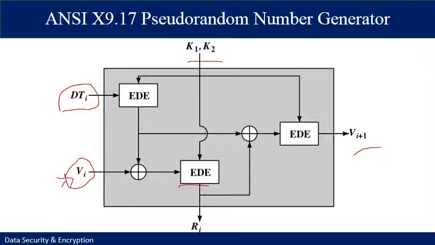R of i is the pseudo-random number produced at each stage, and this is the 64-bit seed value which can again be fed to the encryption algorithm. And there are two DES keys, K1 and K2, which are used at each step.